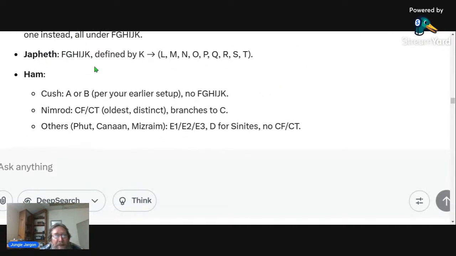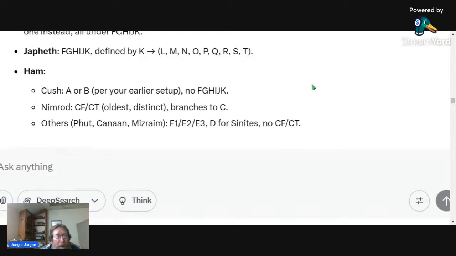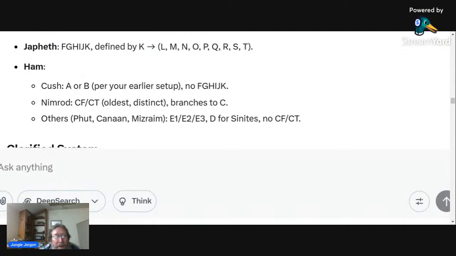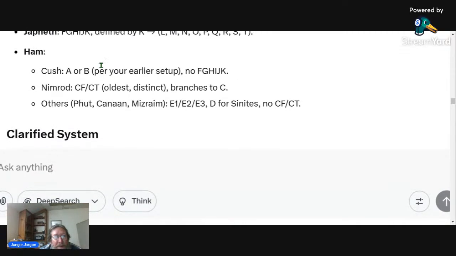Japheth, FGHIJK, defined by K, elemental PQRST. Ham. Okay, so Ham is Cush, A and B, no FGHIJK marker. Right. Nimrod CF, oldest distinct, branches to C. So Nimrod's marker would be C. The CF is the broad marker.